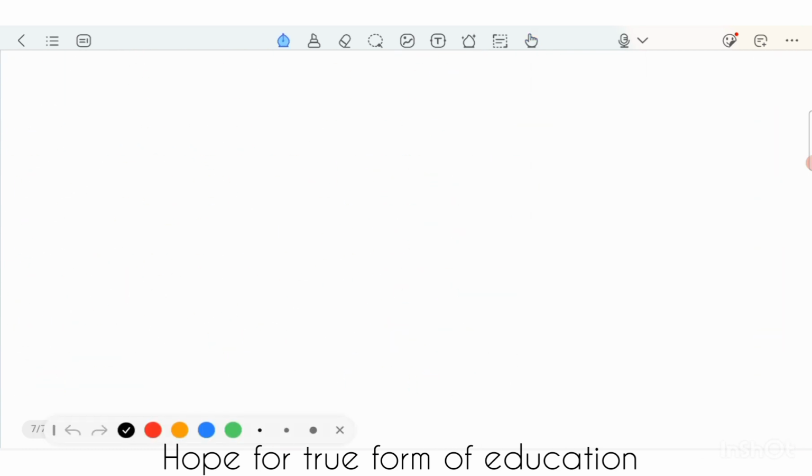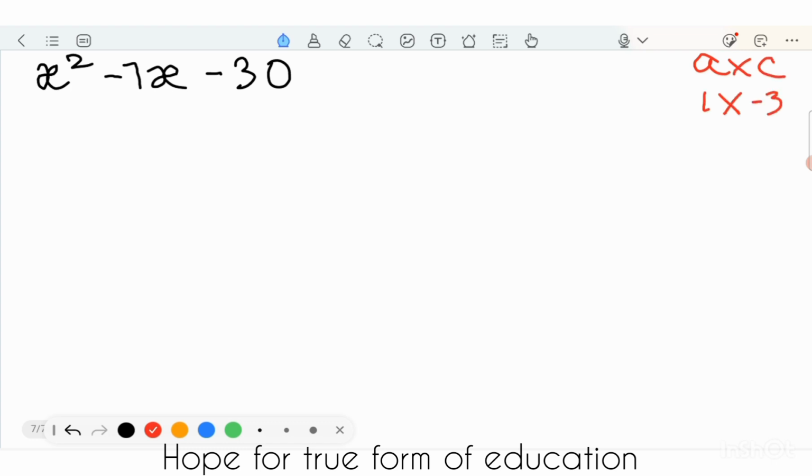So the next question is x square minus 7x minus 30. Okay, so the first step will be a into c, that is 1 into minus 30, it's minus 30, right?